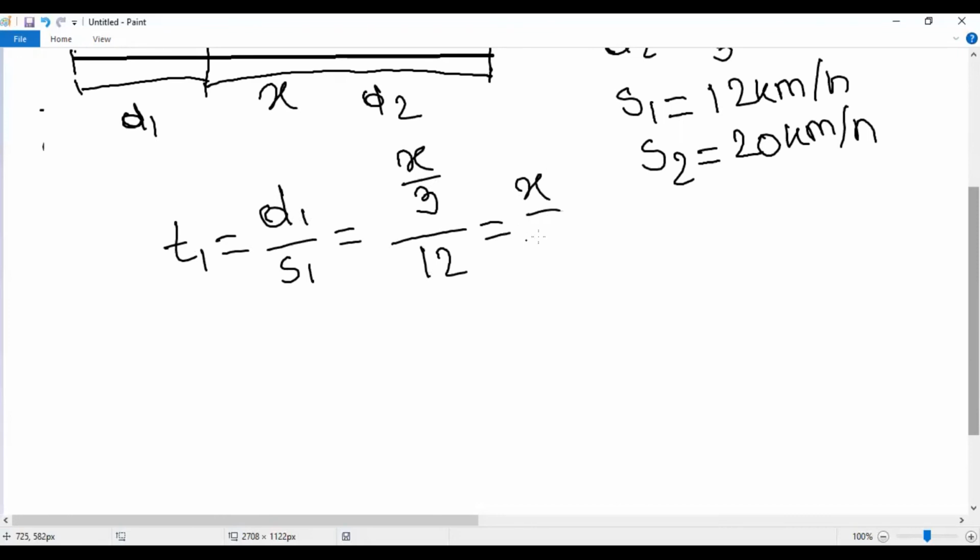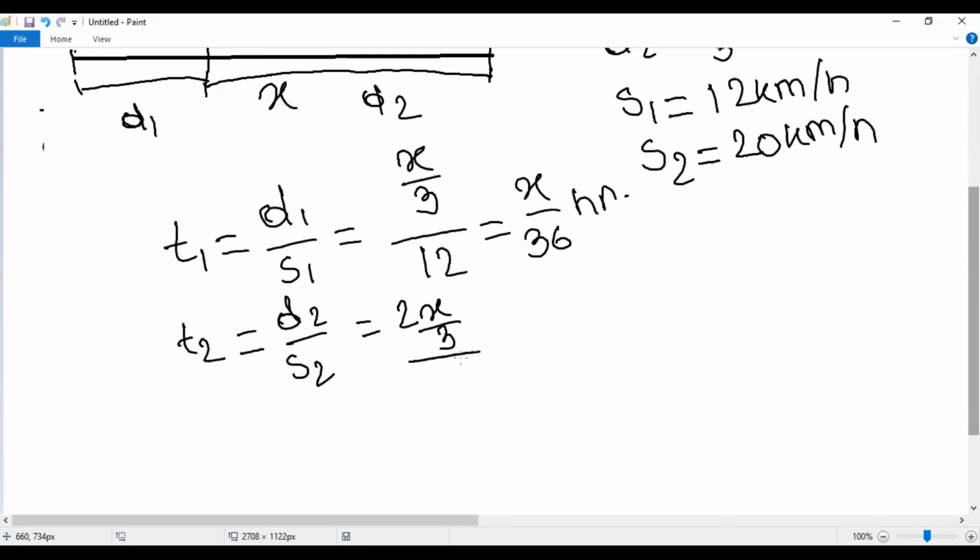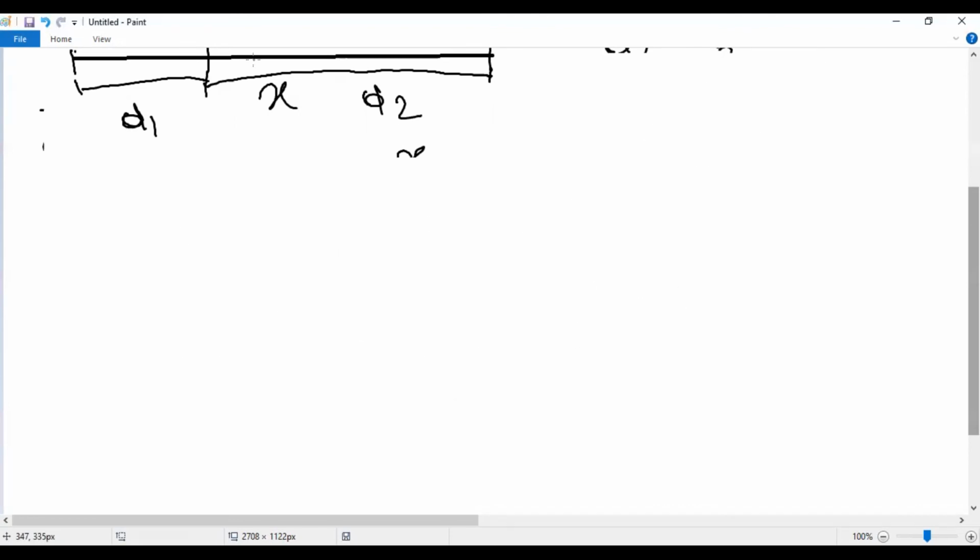We can write it as x by 36 hours, and t2 is equal to d2 by s2, which is 2x by 3 divided by 20, which is x by 30 hours.